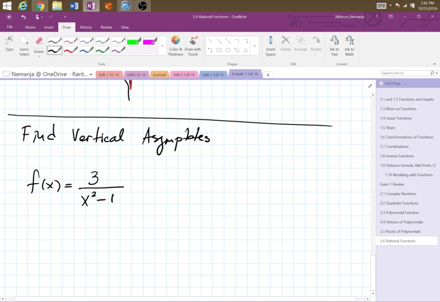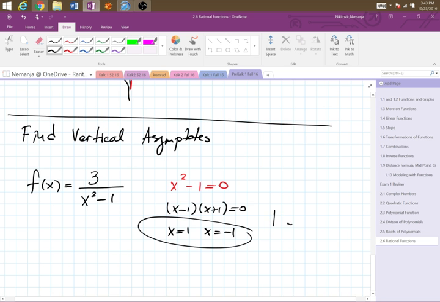What would you do here? Every time to find the candidates for vertical asymptotes, you will set the denominator equal to 0, and you will solve it. So x minus 1, x plus 1 equals 0. So x is 1, and x is negative 1. So in this case, we have two vertical asymptotes at negative 1 and 1.